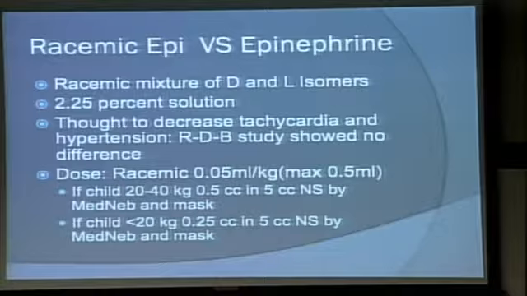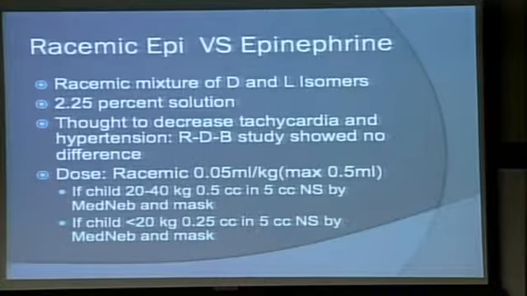Epinephrine comes as two isomeric forms. An isomer is like a copycat, only one is turned to the right and one is turned to the left, the molecule. So it's the D, dextro, or the L, levo forms, so right and left forms, and the racemic is a mixture of both forms.